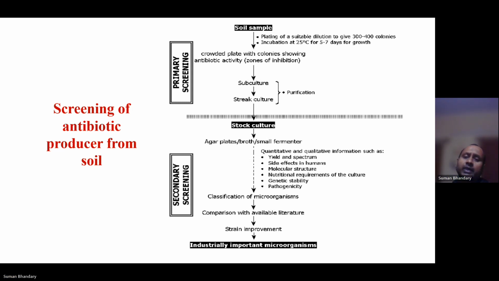So far, whatever we have discussed in this lecture, we started from the sources. We have discussed the potential sources, and the potential applications of different types of microorganisms isolated from natural sources or man-made sources.